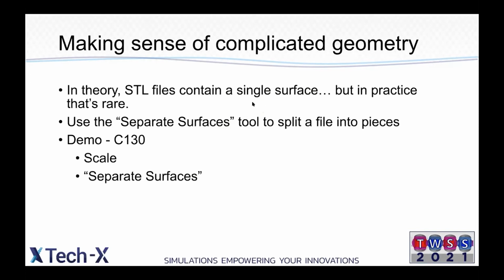When you first get a CAD file, it can be challenging to isolate the parts that you need to do your simulation. So let's take a look at one of our tools called Separate Surfaces, and I'll show you how you can get oriented on a new CAD model.